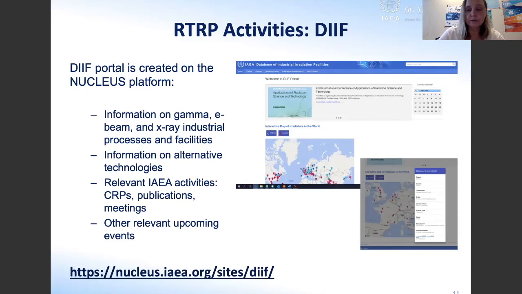The report of this meeting can be found if you go on this website. It can be found on the portal together with all other relevant reports and publications. So I encourage everyone to visit this webpage and to check out the DIIF portal, and I'm sure you will find a lot of interesting information there.